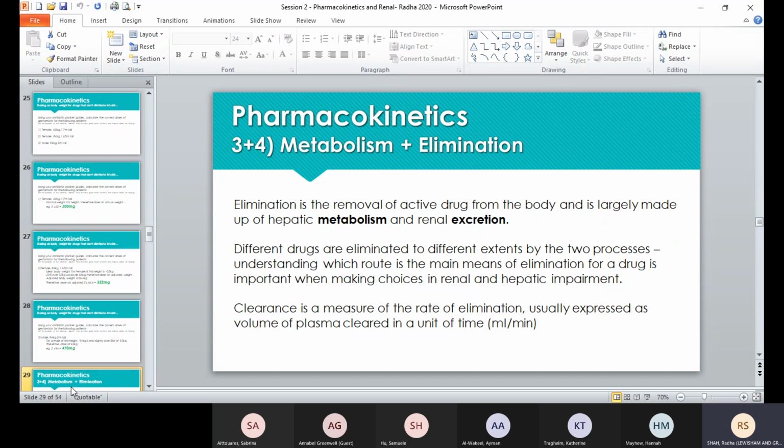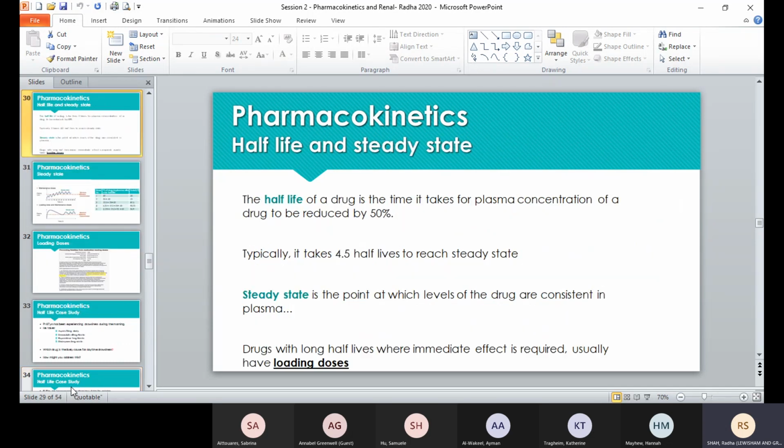So we always must take that into consideration. Clearance is a measure of the rate of elimination, usually expressed as a volume of plasma cleared in a unit of time, usually mils per minute. And that's how we would measure the clearance of a drug.